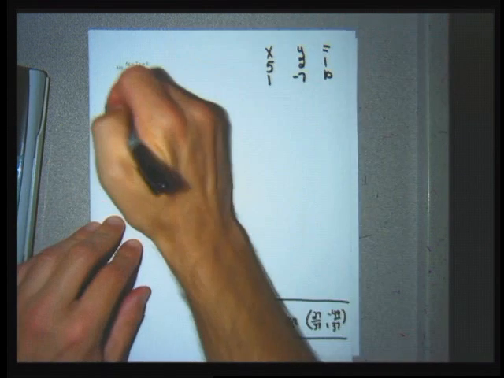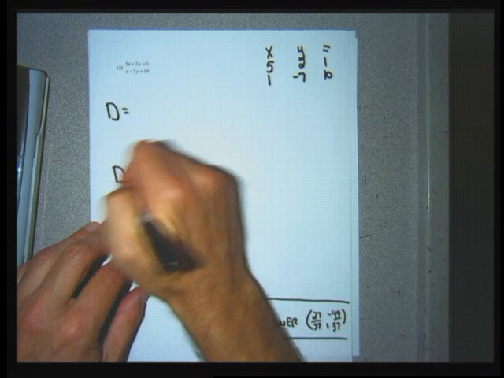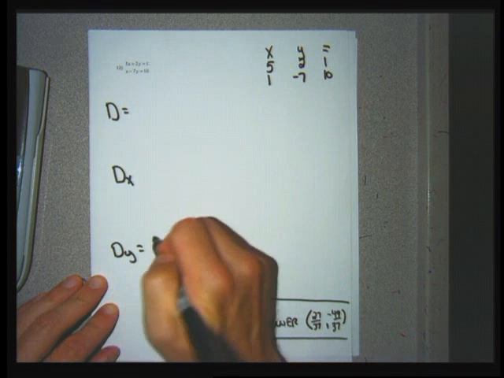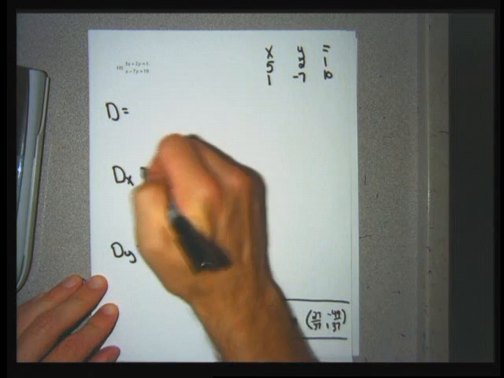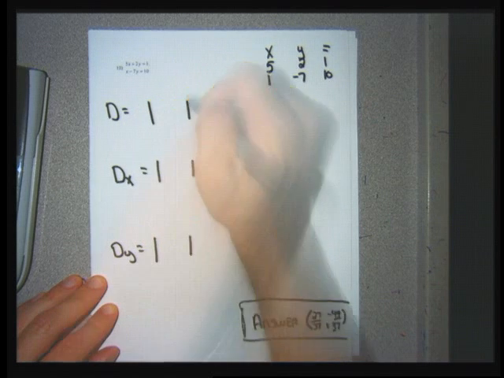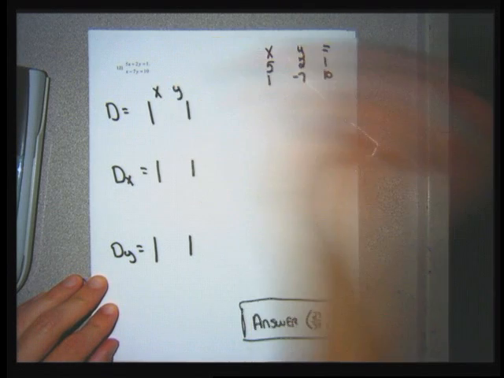I'm going to create 3 determinants. The determinant d, the determinant I call d sub x, the determinant I call d sub y. They're the same for all 2 by 2 problems here. The d, the first column is going to be the x column of numbers. The second column is going to be the y column of numbers.